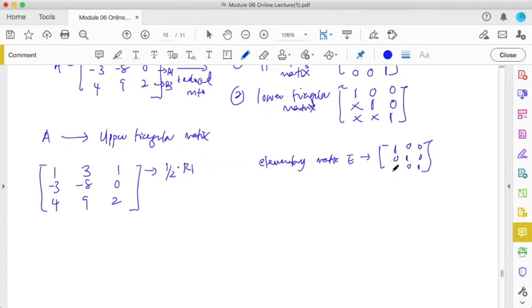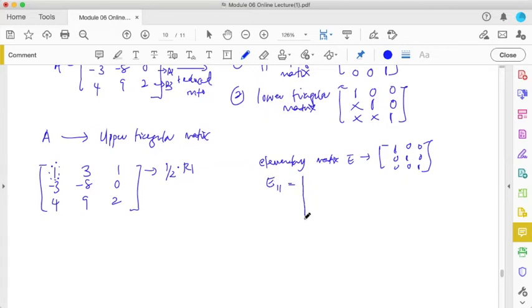For the first elementary matrix, it is described by the position that we changed just now, which is position 1, 1.